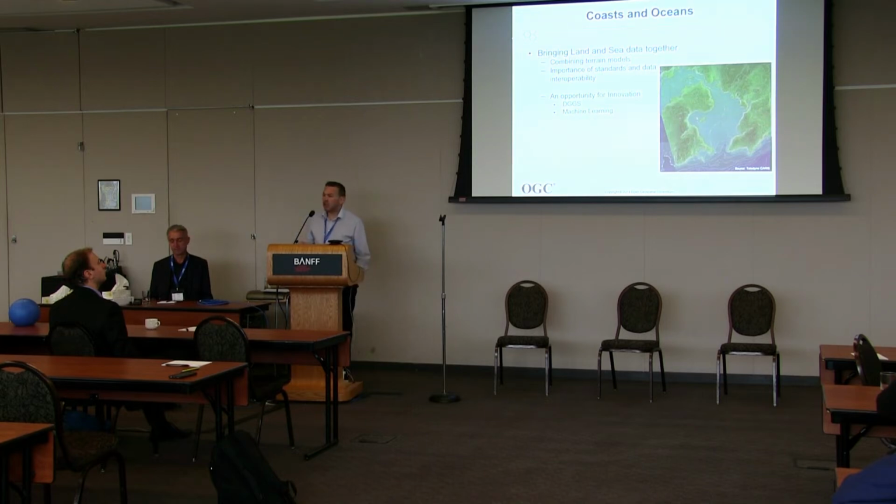So land and sea integration is a key aspect when we look at the effects of a surge or a flood, but also in general in the context of marine SDI, where understanding the relationships and bringing this information together is quite critical. This February we had an OGC meeting in Singapore, and we held a marine summit at this meeting, where bringing land and sea data together was a key aspect.